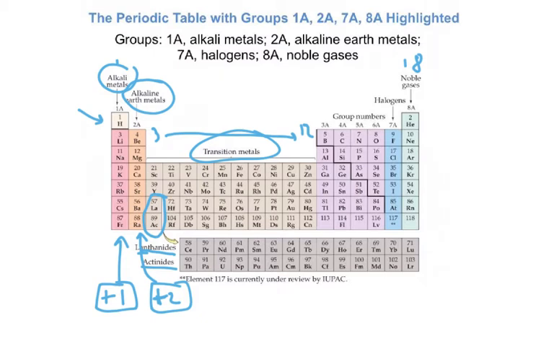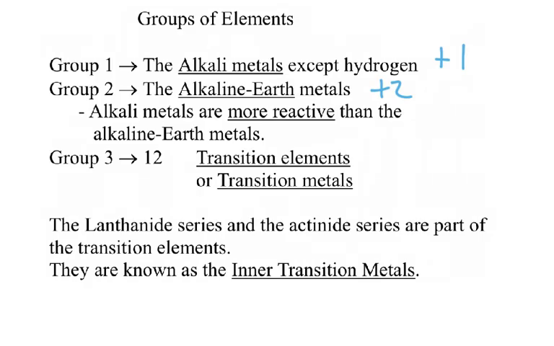But in order to differentiate the regular transition metals that you see up here from the lanthanide and actinide series, the lanthanide series and the actinide series are known as the inner transition metals. At the end of the day, they are part of group 3. They are transition elements, but they are given a special name in that they are known as the inner transition metals.